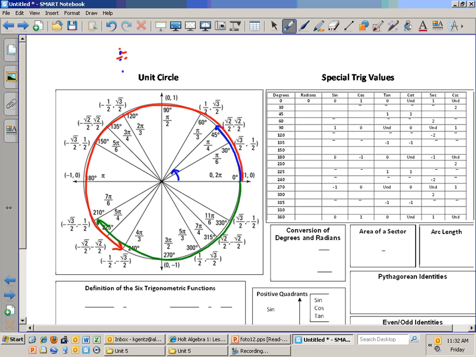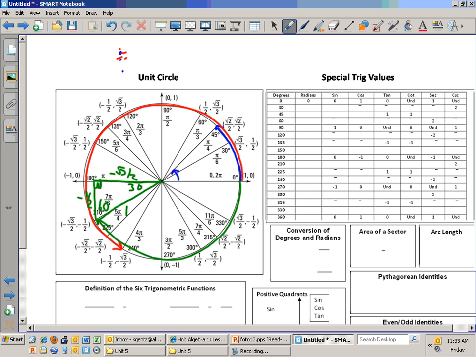And again, to do it by hand, all you would do is construct it. I don't care what you do for the assignment, but if you have a quiz and I ask you to construct it by hand, I would expect you could go to that spot, show that it is a 30, 60, 90, and be able to figure out that this is 1, this is negative square root of 3 over 2, and this is negative 1/2.